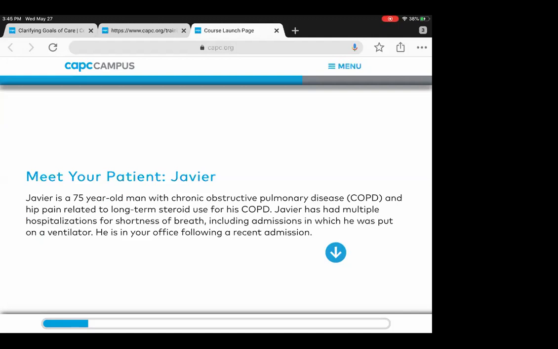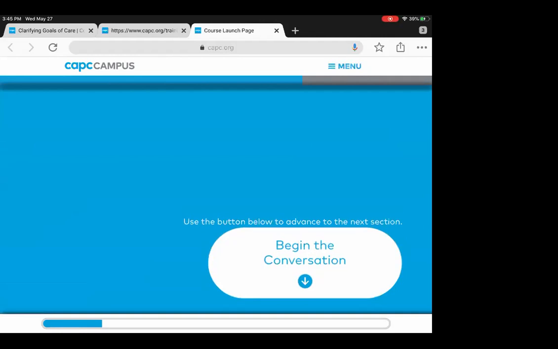So that tells us he's had COPD for quite a while and could be in a severe stage. He's had multiple hospitalizations for shortness of breath, including hospital admissions, and he's also been put on a ventilator previously. It says he's in our office, but we don't have an office. So we are in Javier's living room, and we're talking to him there for this visit.